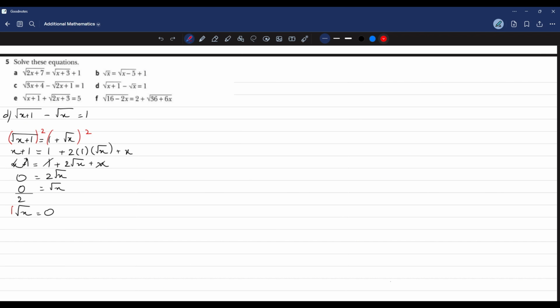Root x whole squared is equal to 0 squared, and we have a simple answer, which is x is equal to 0. And that's it. This is actually your answer for part D. I hope that's clear to everyone.